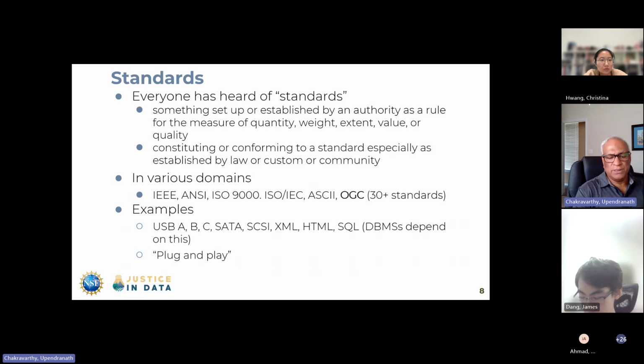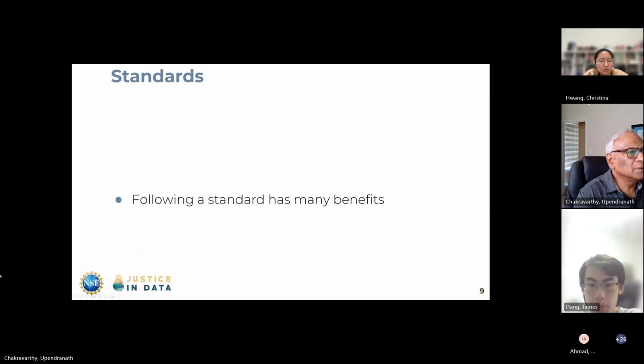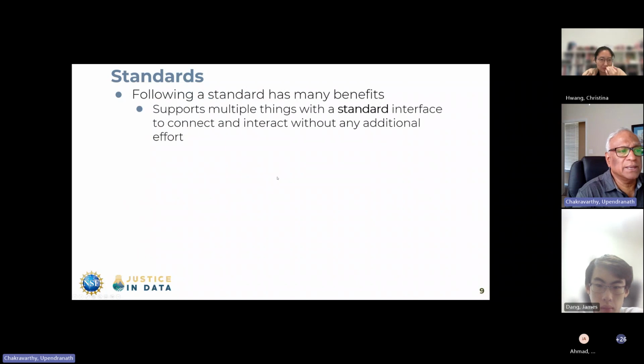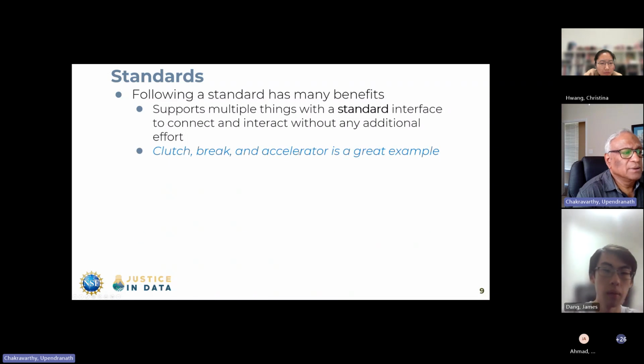So we also know the problem. Interoperability means plug and play, means you don't have to do anything to get the benefit of the thing that you are adding, and you don't have to spend any time doing that. So following a standard has many benefits, supports multiple things with a standard interface to connect and interact without any additional effort.